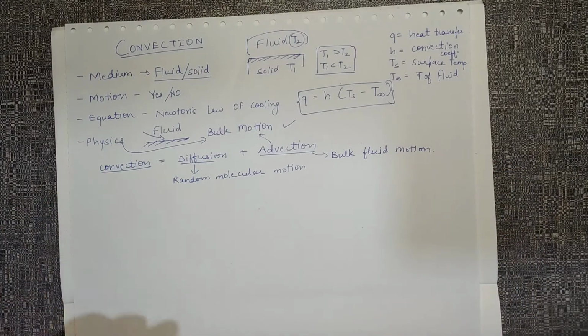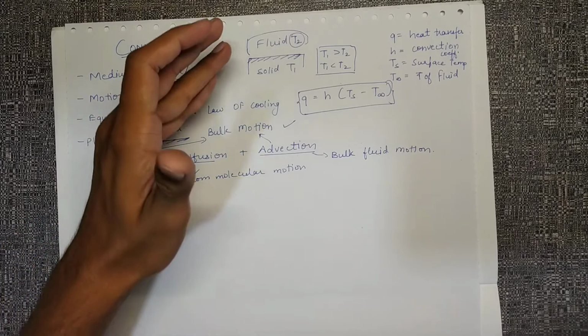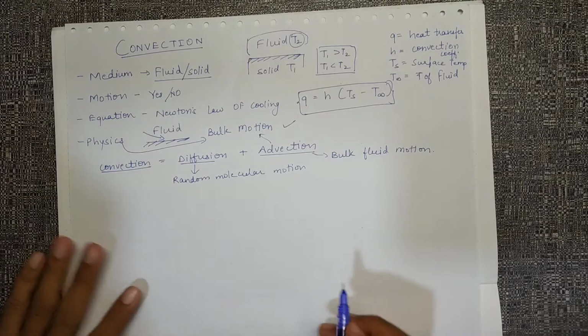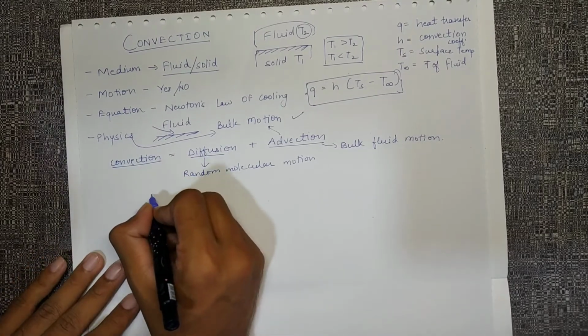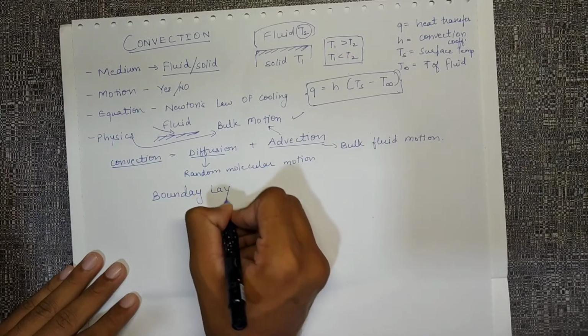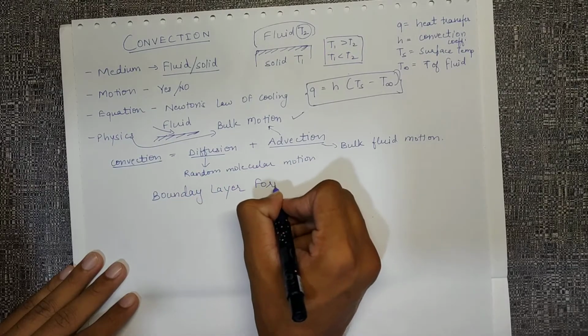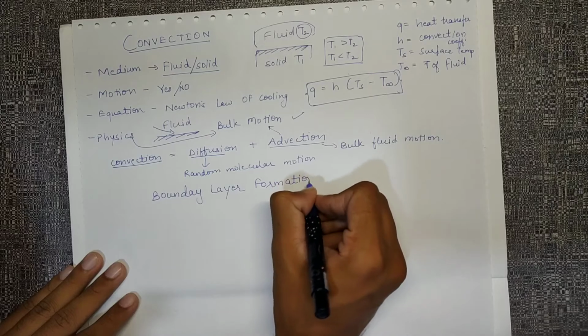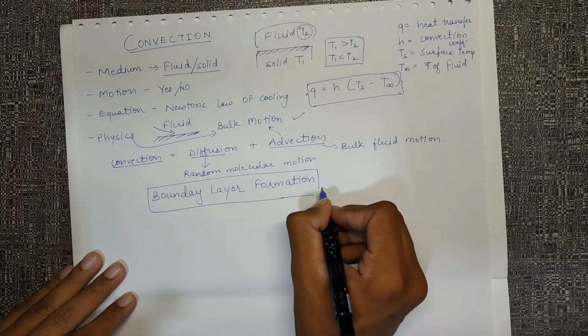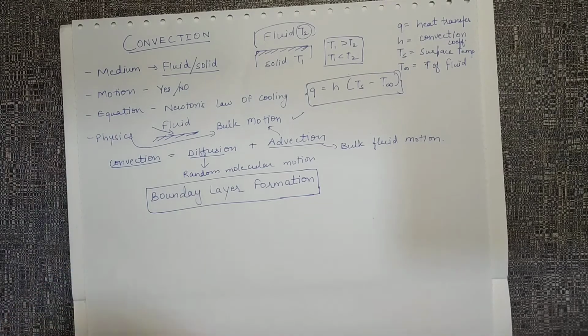And then in the topic of convection, when a solid, a boundary, and a fluid are involved, a very important topic comes up, which is boundary layer formation. We'll go into the details of this boundary layer formation in a short while, or maybe in the next video.